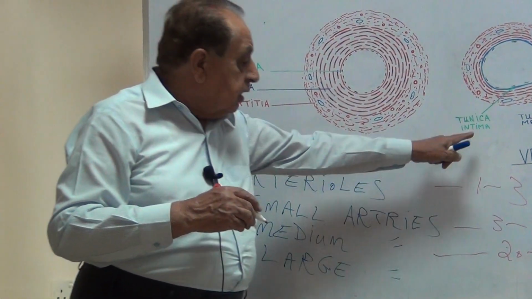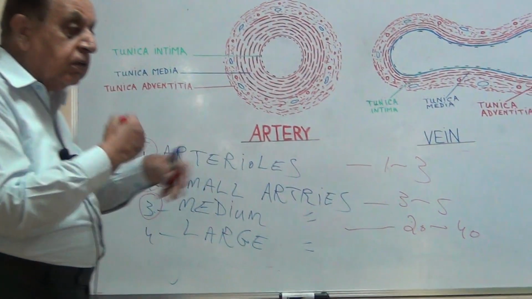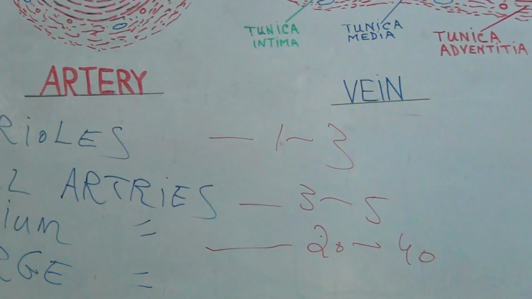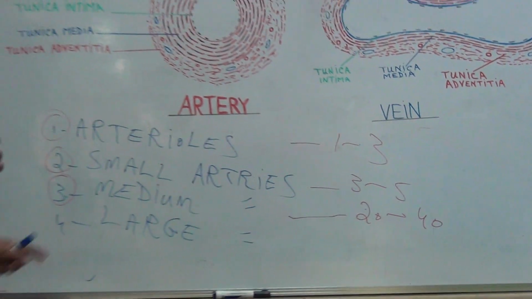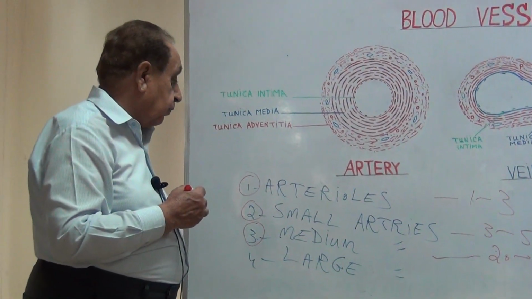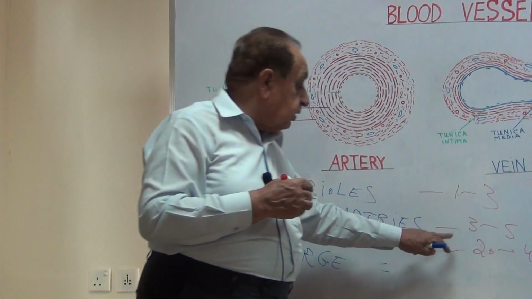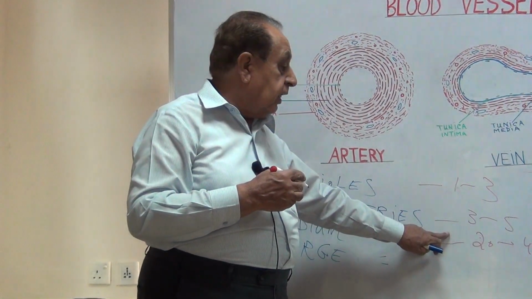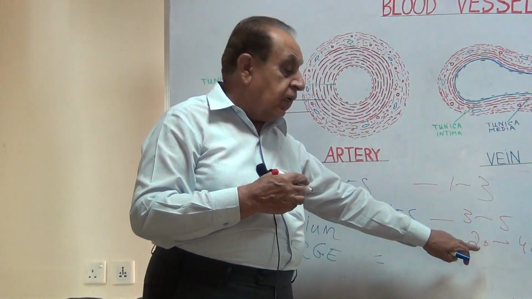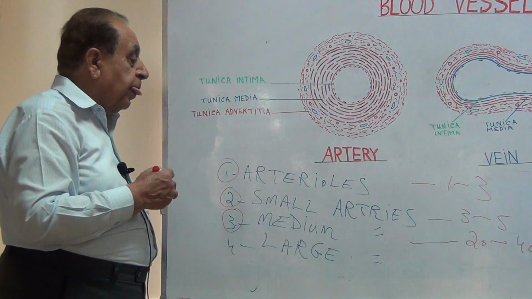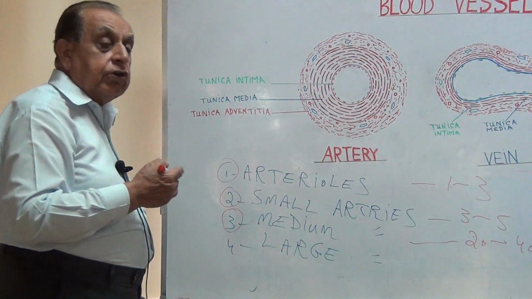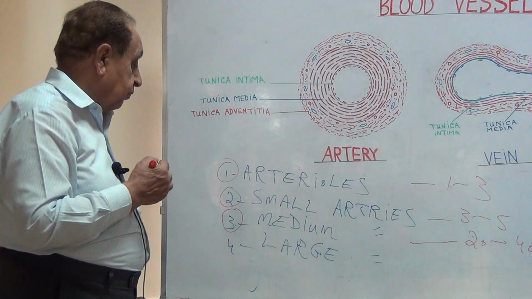You see, the number of layers of the tunica media, or smooth muscle fibers, increases according to the size of these arteries. So it has tunica intima, the endothelial layer, tunica media, which contains 20 to 40 layers of smooth muscle fibers, and the outermost one is the tunica adventitia.